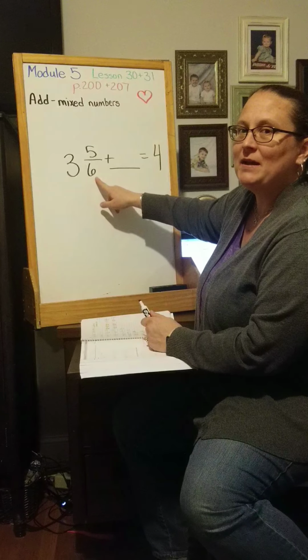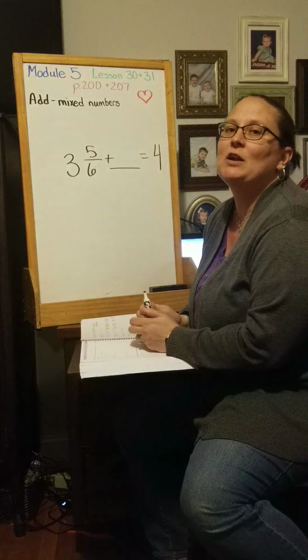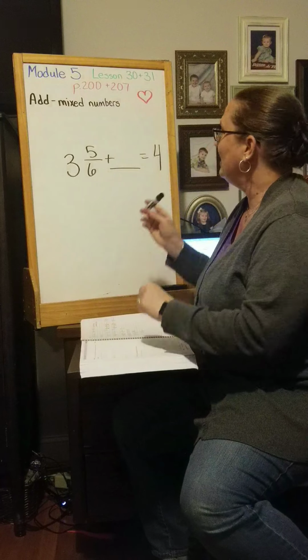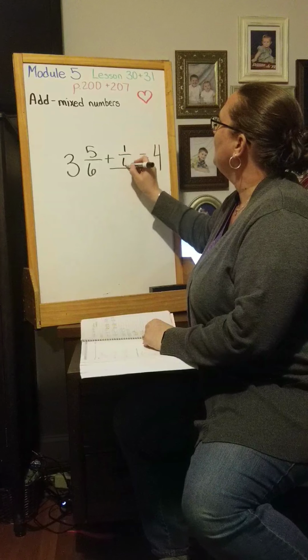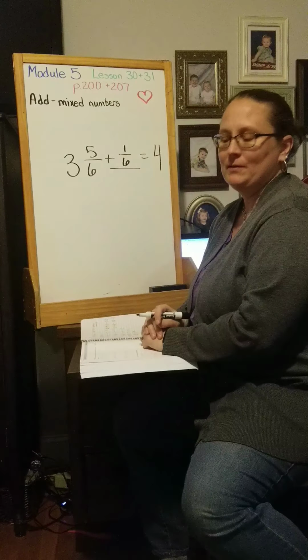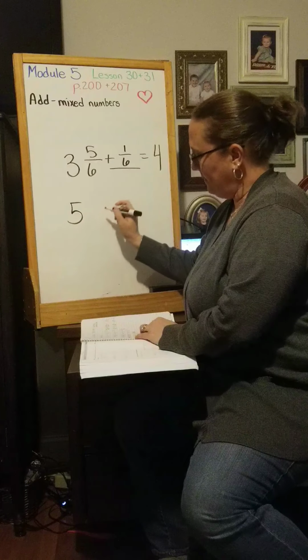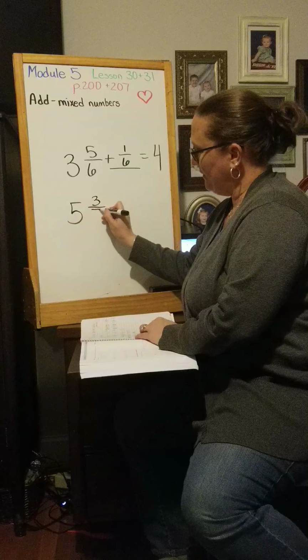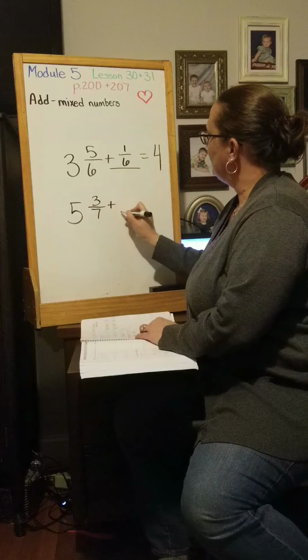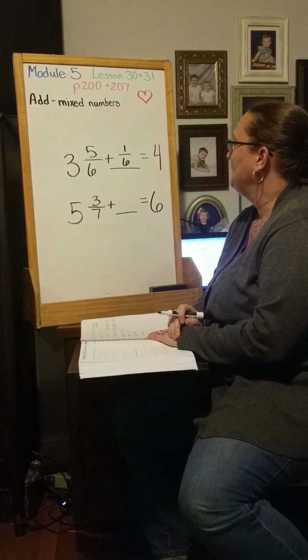What else do I need to make this into a whole? If I have 5/6 and I know I only need 1/6 more, don't I, to make a whole, then I would have 4. Okay? So what if we had 5 and 3/7 plus blank equals 6?